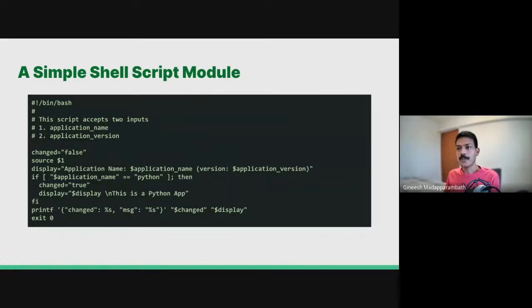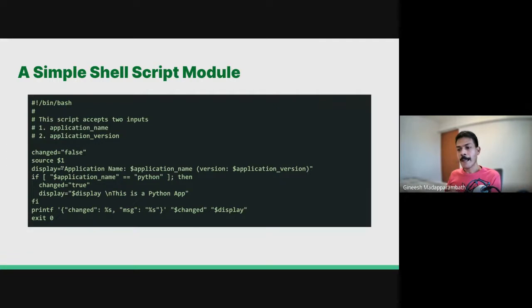Okay, so this is a simple shell script module. This is not a big thing, but you can see it's a simple bash script where it has some variables, it's accepting some parameters. You can see here it's accepting two inputs. We have a variable changed equal to false. Then we source here.